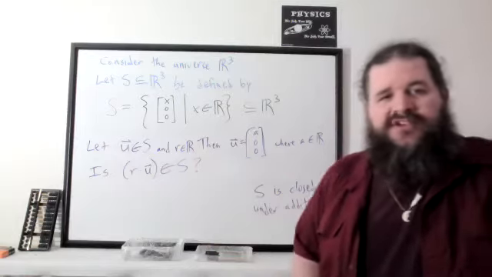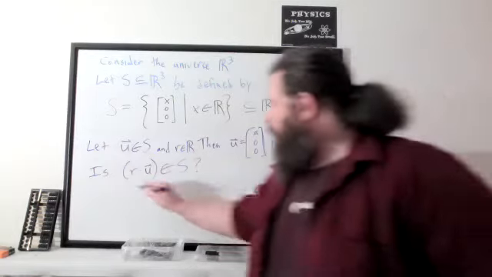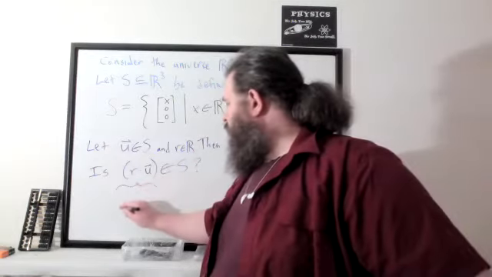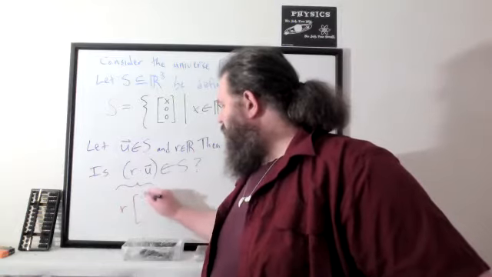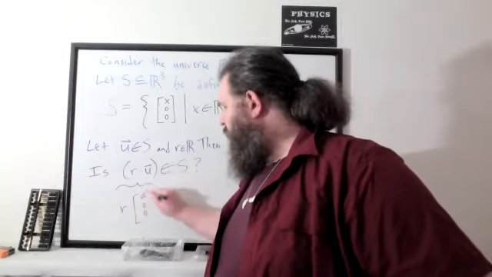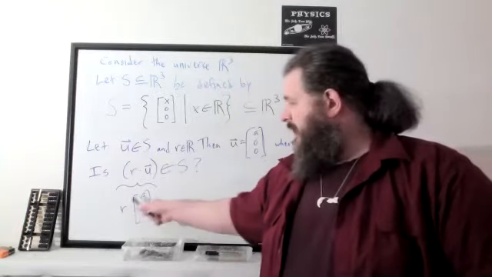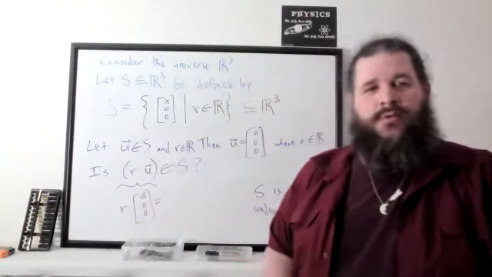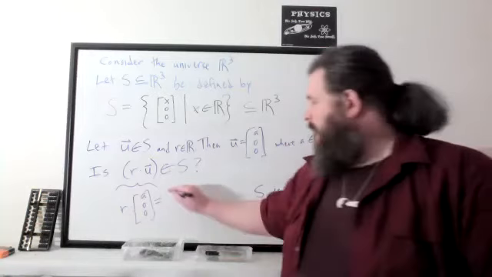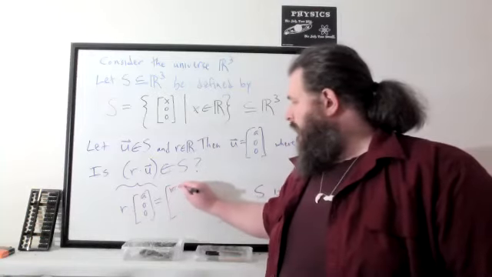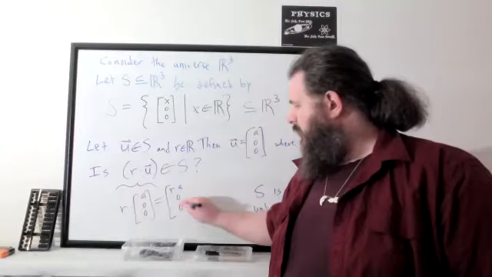And as before, we check that by just multiplying it out. R times U looks like R times (A, 0, 0). And if we actually multiply that, we can just multiply the scalar by each component, just based on the usual rules of multiplying a vector by a scalar. So we get (R times A, 0, 0).